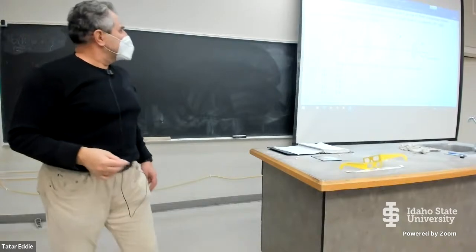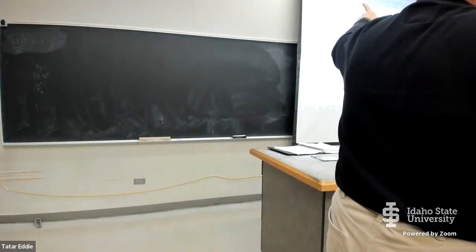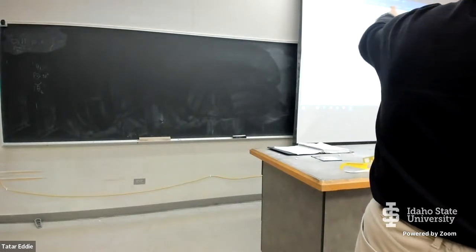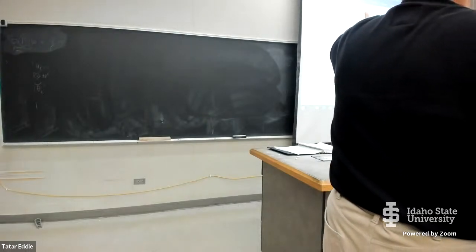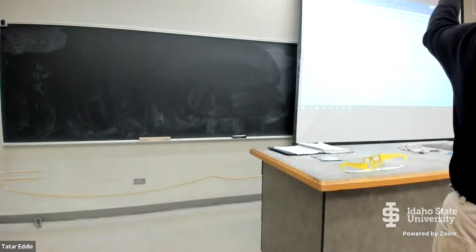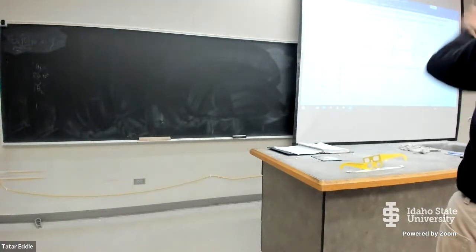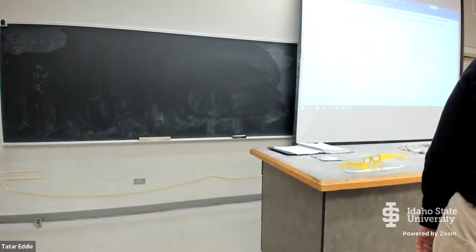Problem number 2. So the incident light is linearly polarized. So S naught is the intensity of linearly polarized light, polarized in the vertical direction, according to what is seen here.